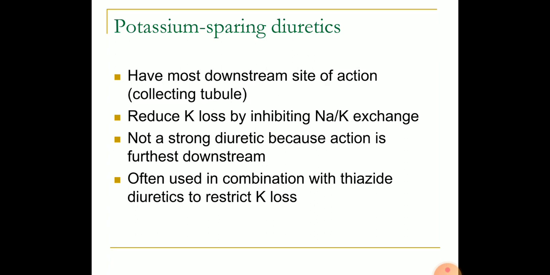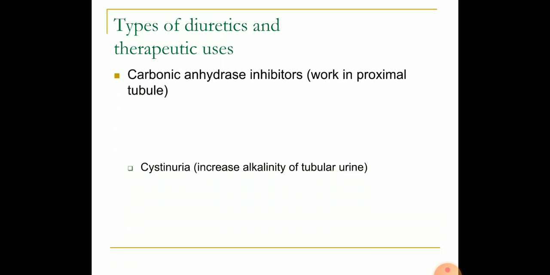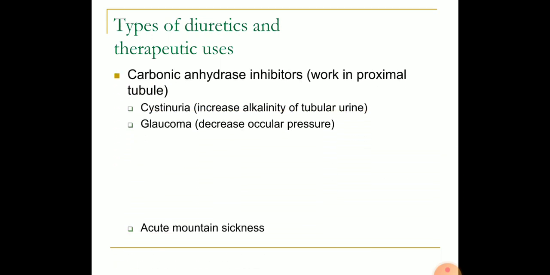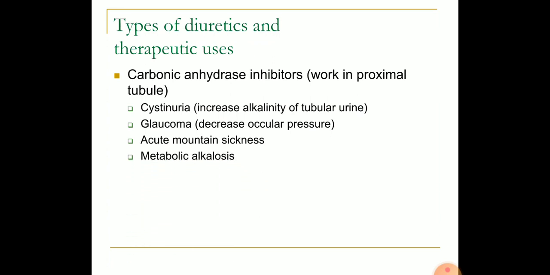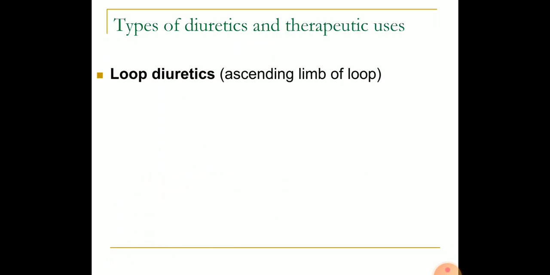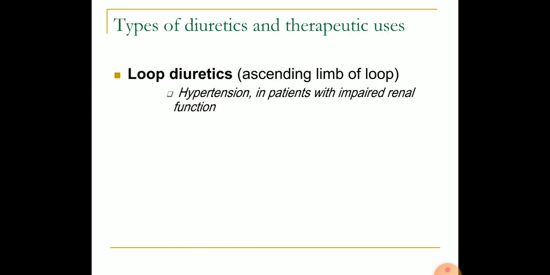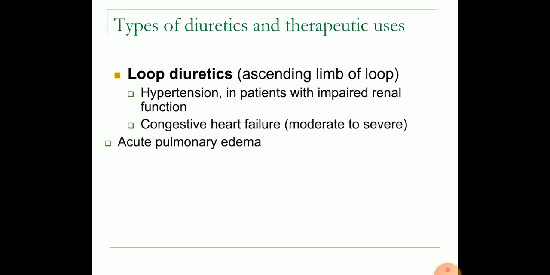The potassium sparing ones like aldosterone antagonist, spironolactone, triamterene and amiloride, which have been discussed in the previous presentation, and the carbonic anhydrase inhibitors and their clinical uses, then followed by the loop diuretics, which you can give mostly in hypertensive emergency, never being a first line drug here.